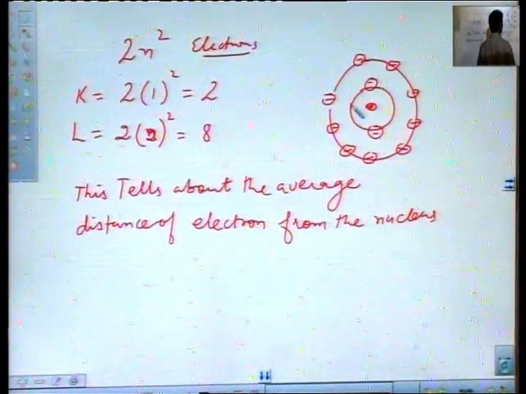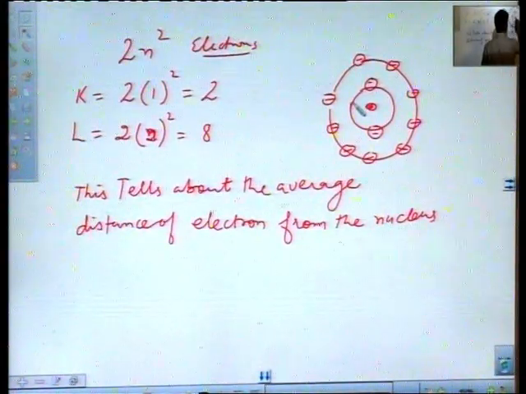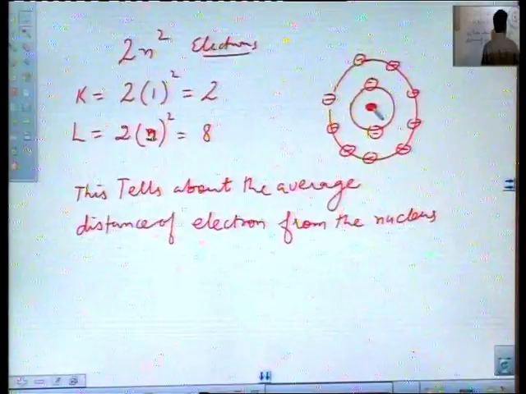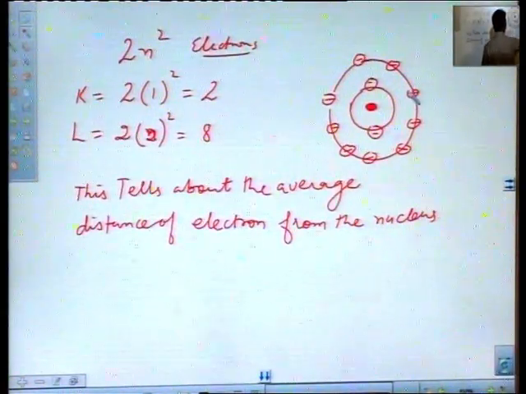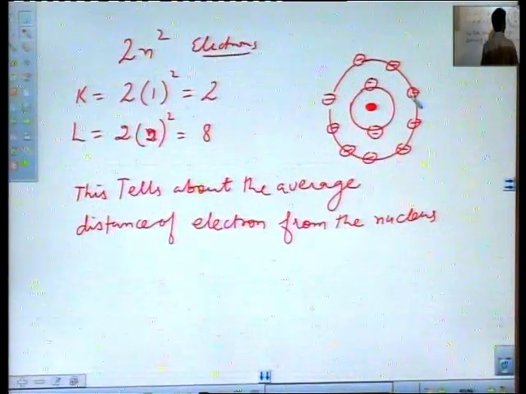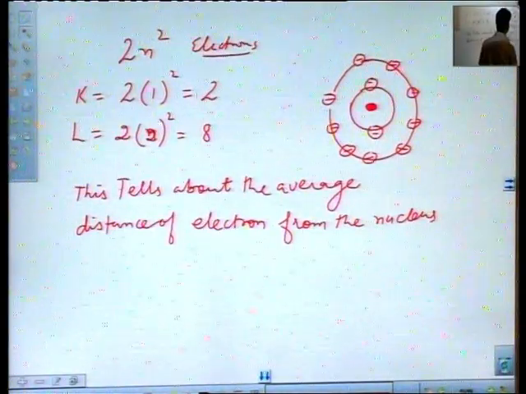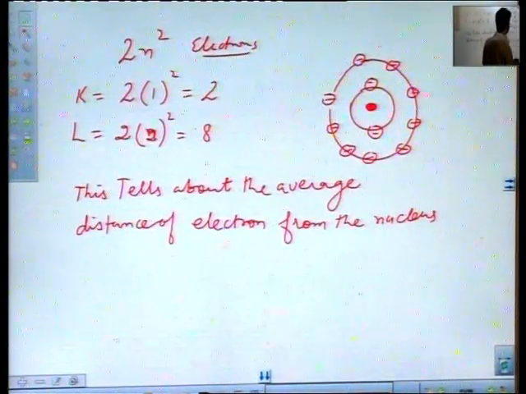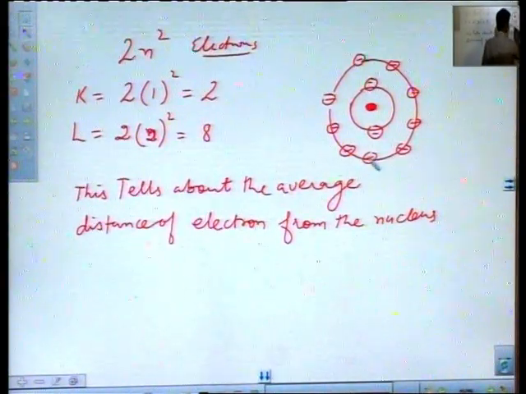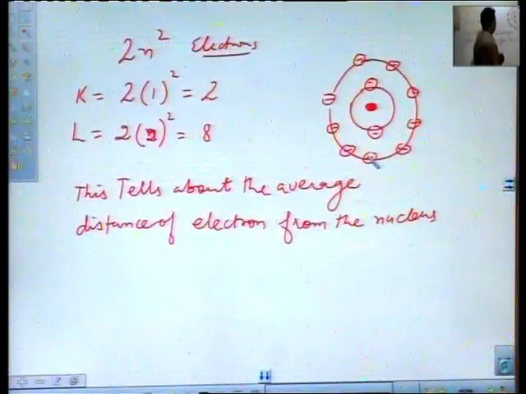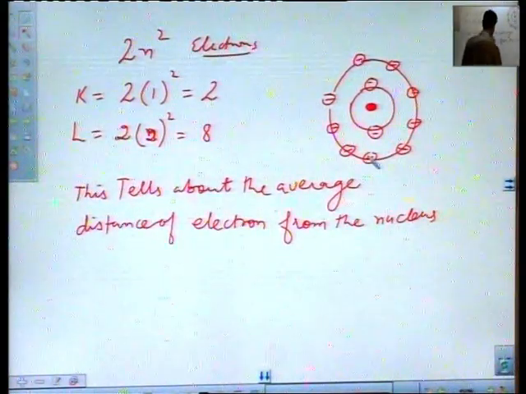In the picture you may see that the electron in the K shell is nearer to the nucleus and has less energy, and the electron in the L shell is far from the nucleus as compared to the K shell and has more energy. Of the four quantum numbers, the principal quantum number gives the main energy difference in electrons.